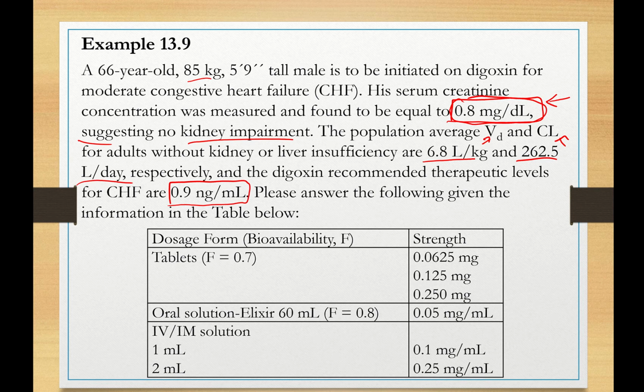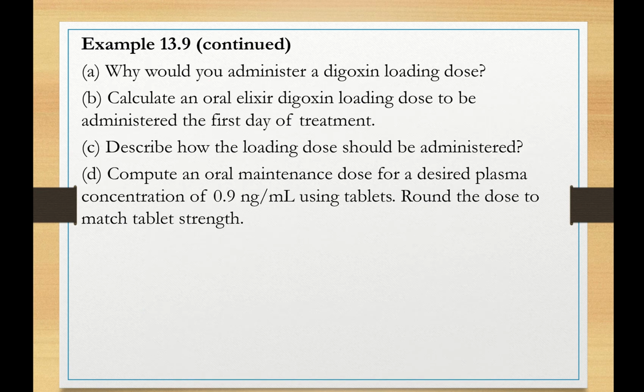In the table, we have the bioavailability of the commercially available dosage forms. You can see the tablet bioavailability is 0.7 and it comes in 3 different strengths. For the elixir, the bioavailability factor is 0.8, and for the IV and IM, the bioavailability is 1, that's why it's not written there. So this is what we have to answer.